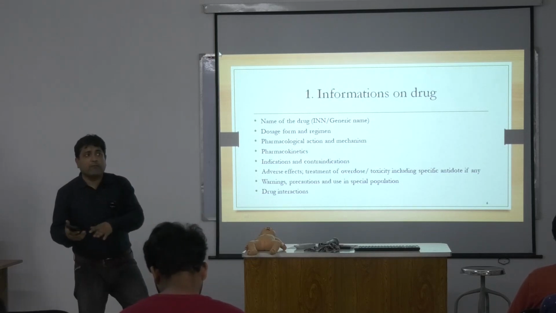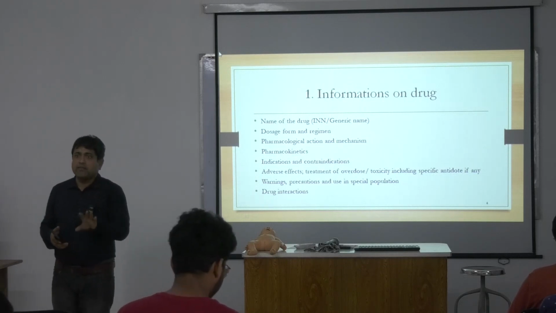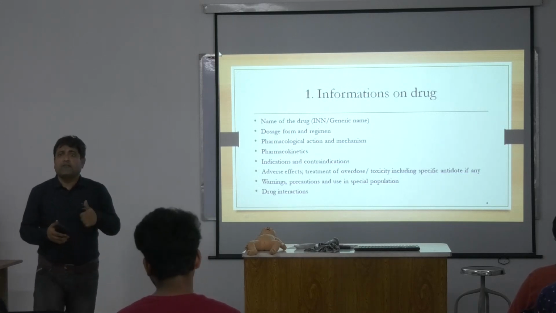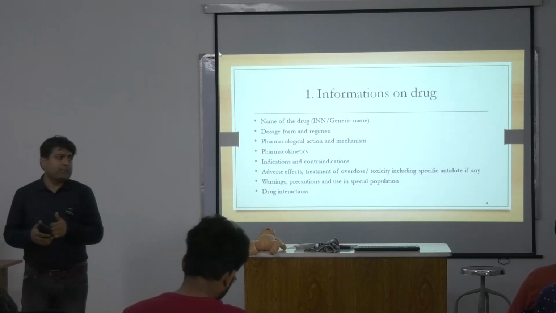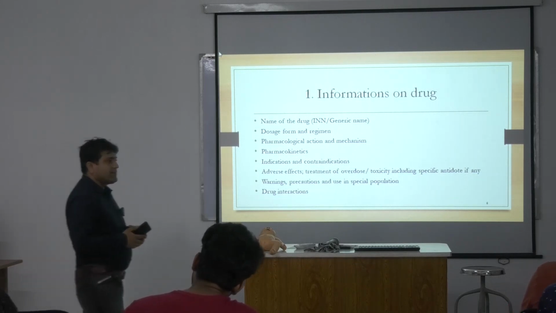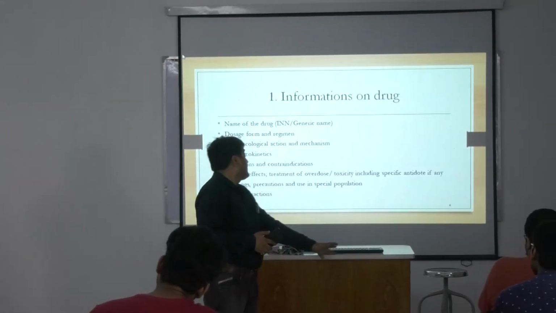If toxicity symptoms appear, what treatment should be given? Is there any specific antidote or not? Like in case of paracetamol toxicity, we have N-acetylcysteine. Warning, precautions and use in special populations, and drug interactions. So, information about the drug.